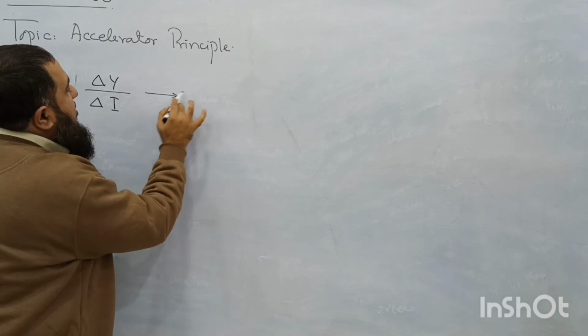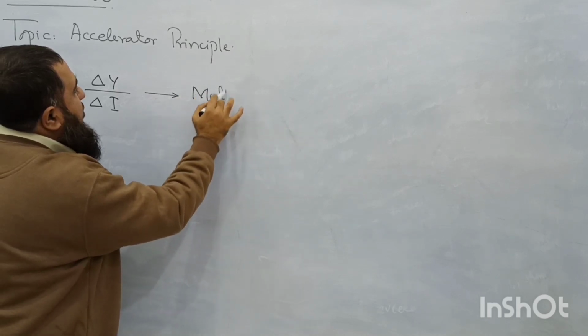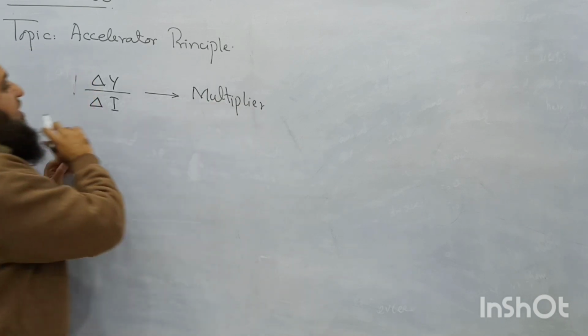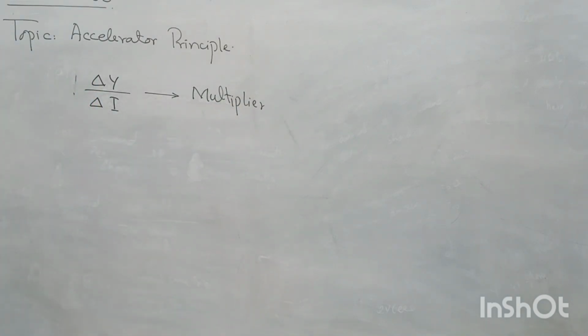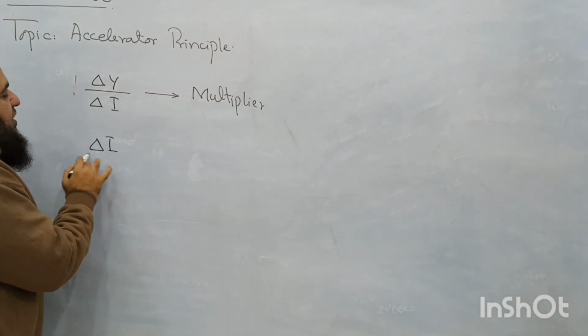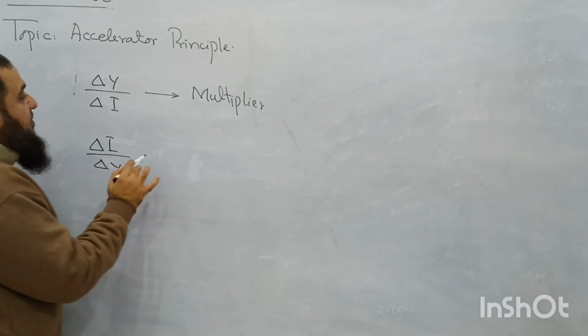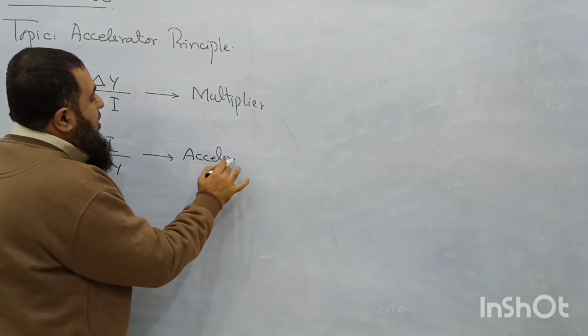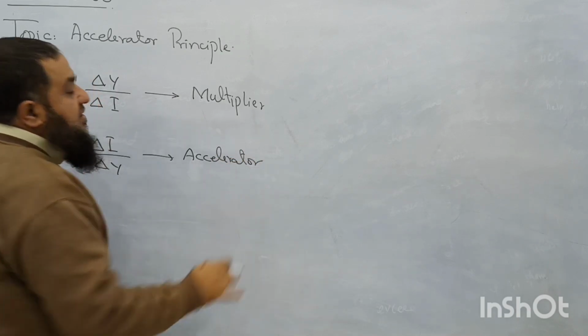How national income is multiplied due to change in investment. And when we talk about how investment is going to change due to change in income, this is called accelerator.